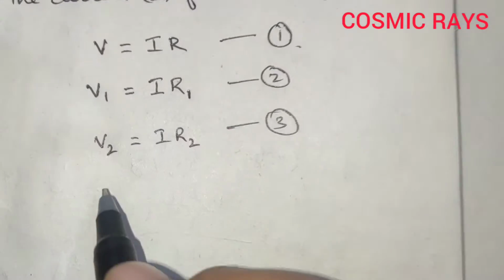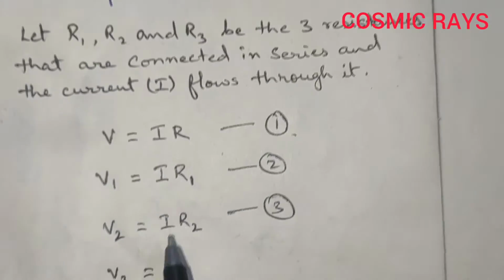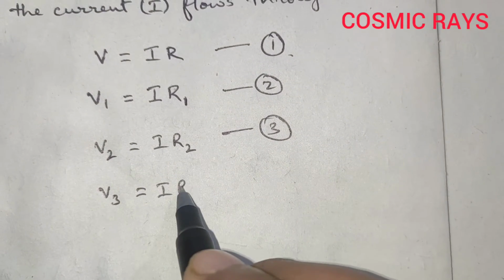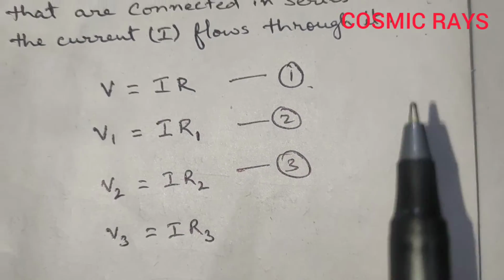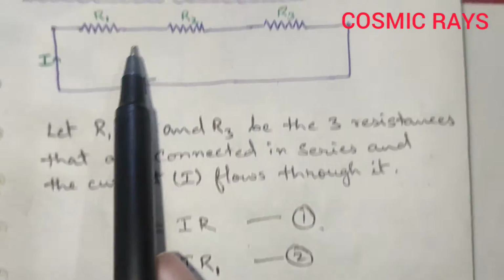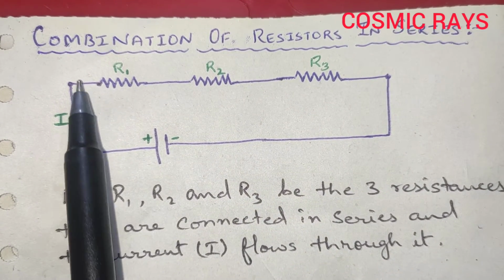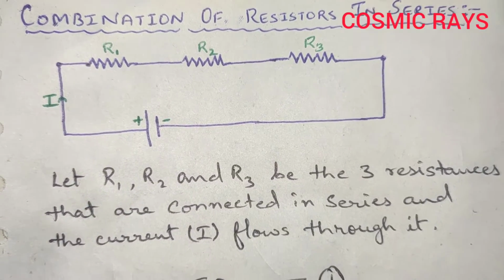And the potential difference V3 across R3 will be IR3. As I told you in the beginning of this AV, the current will be the same for all three resistances. The same current I will flow through R1, R2 and R3.